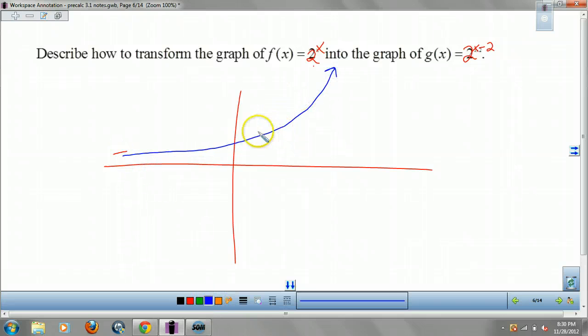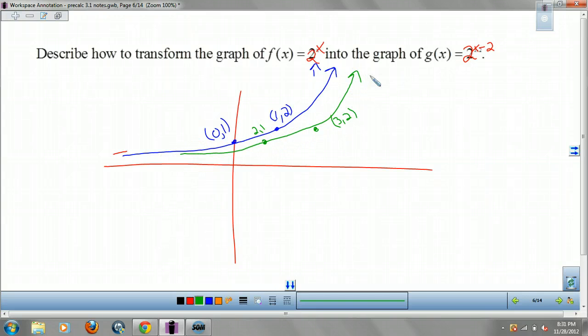We have the point 0, 1, and I have the point 1, 2. So 2 is my b, so I have the point 1, whatever my b is. So remember, when we have x minus 2, minus means we move to the right 2. So that means we're going to have the point 3, 2 on here, and this becomes 2, 1, and I just draw my graph.